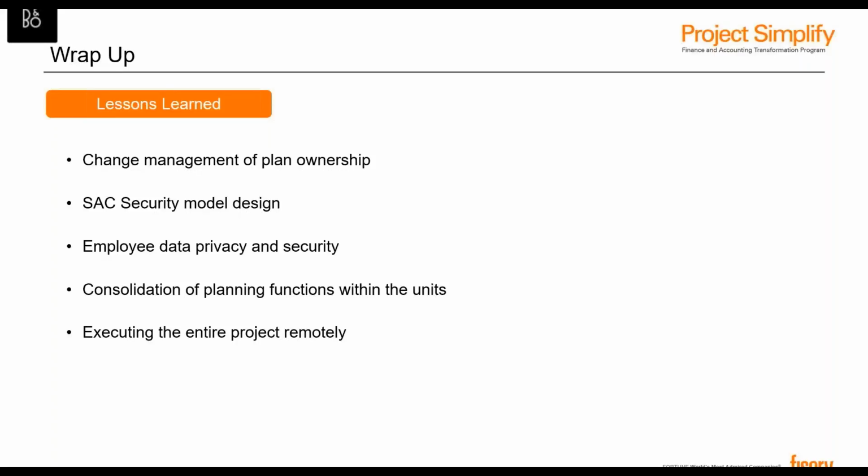One of the areas where we learned quite a bit is how to apply the security at an intersection that has the combination of our entity or business unit structure and also our owner, which is a cost center owner hierarchy.